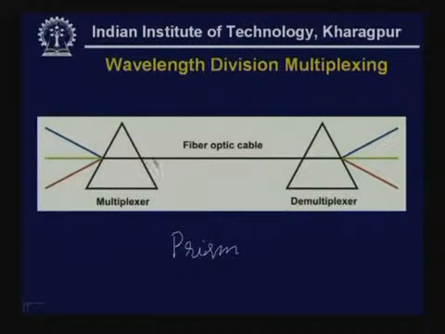Then it can be sent through an optical fiber cable. At the other end again they can be separated out by using another prism. This is a very simple example which shows how wavelength division multiplexing can be done, how the different light signals can be combined and sent through a single optical fiber, and again separated out at the other end with the help of a prism. Somewhat similar devices can be used in practice in wavelength division multiplexing.